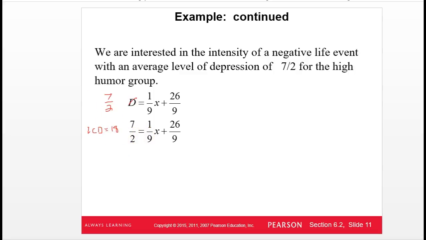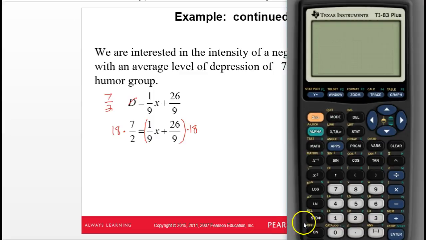So what we're going to do is multiply through this entire equation by 18. So 18 times 7/2, and then the entire right-hand side, because there's a plus sign in there, I'm going to have to distribute the 18 through. I'm going to multiply 18 times both of these numbers. Now, if you have a calculator, especially a nice scientific calculator that can handle fractions, you can multiply that directly.